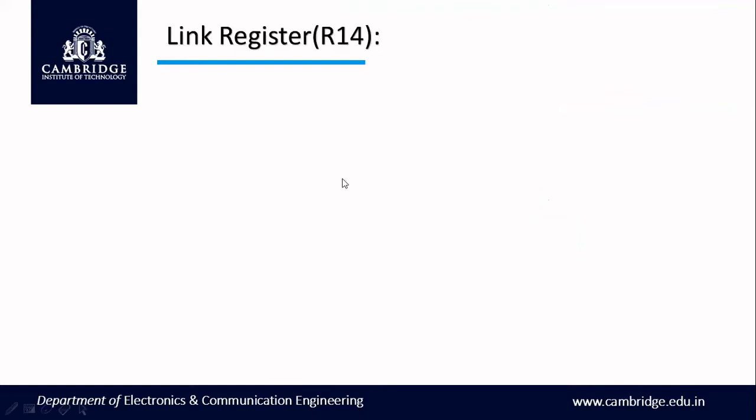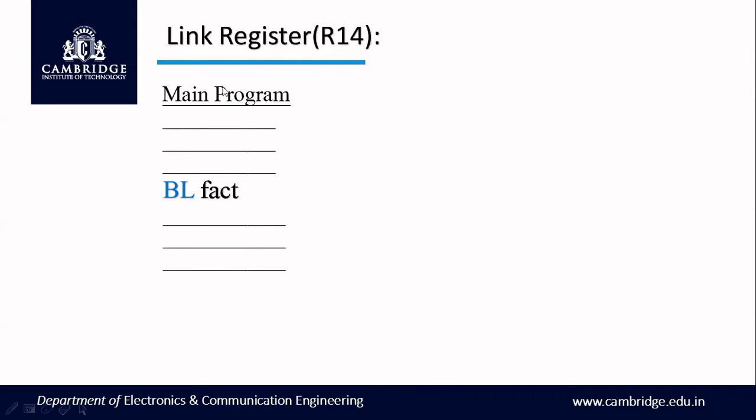Next, the link register. To understand the functionality of the link register, let me assume that you have a program being executed. In that program, you have a subroutine to be executed. That is, you have to compute the factorial of a number, for which you would have written a subroutine called fact. So whenever I have a subroutine to be invoked in the main program, I'll be basically using the call instruction.